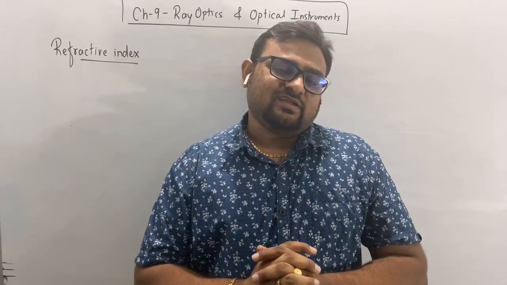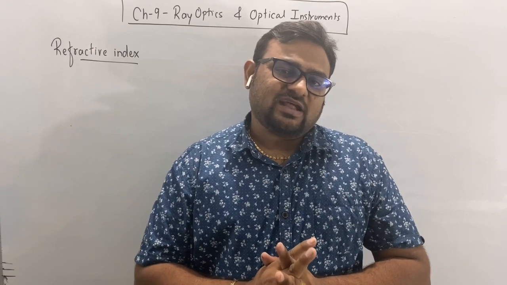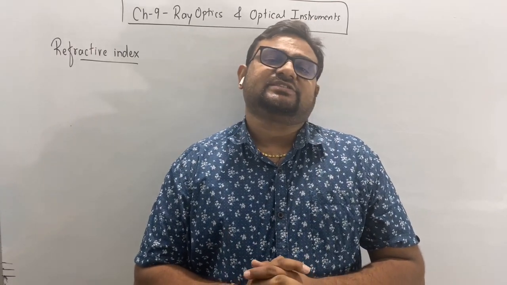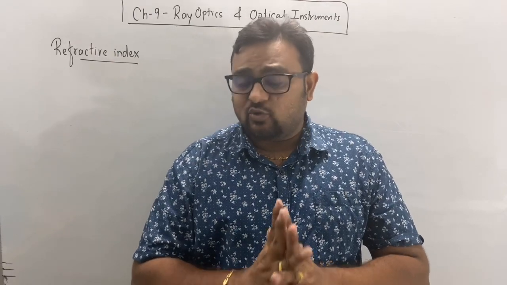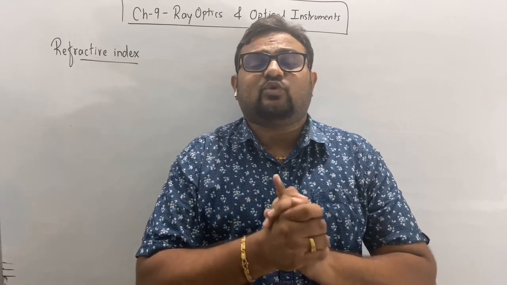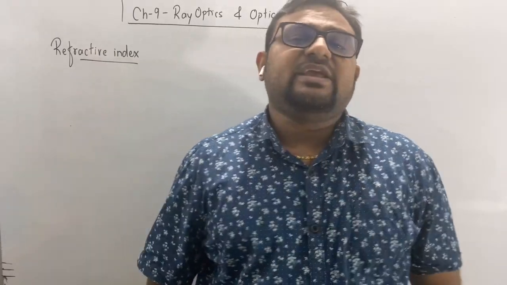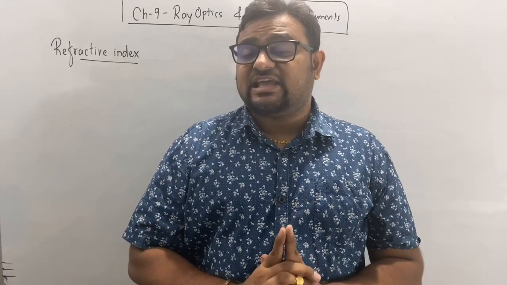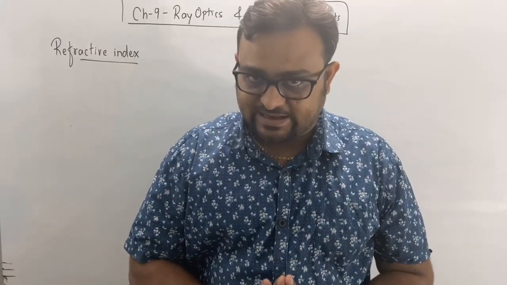Why does the ray, when it enters from one medium to another medium, change its direction? So actually what happened? The speed of light is 3 into 10 raised to 8 meter per second, but that is in vacuum or air.